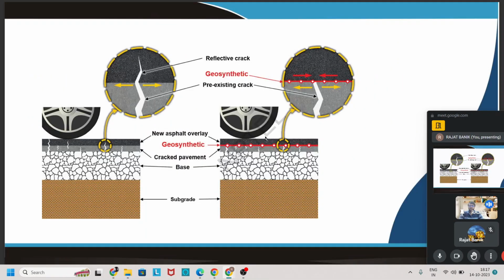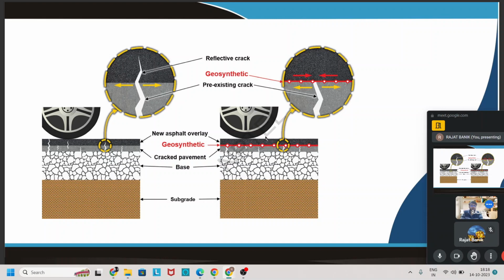With this material, we also minimize crack propagation below the pavement surface. Without the geosynthetic material, a crack developed at depth may propagate up to the surface, and the pavement surface may get damaged.